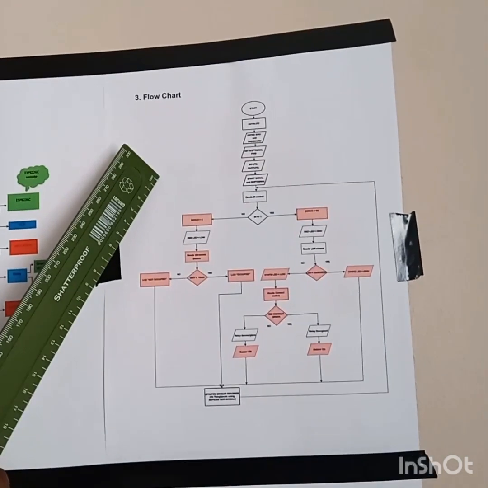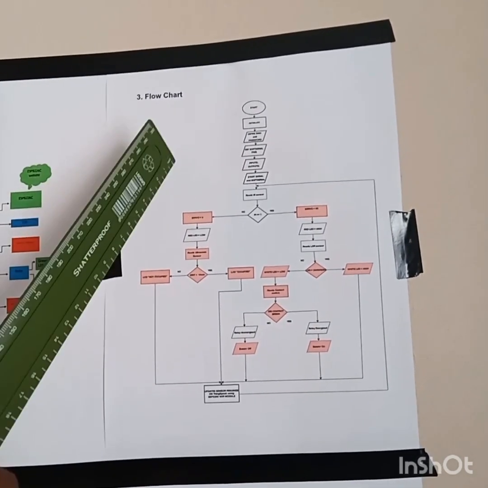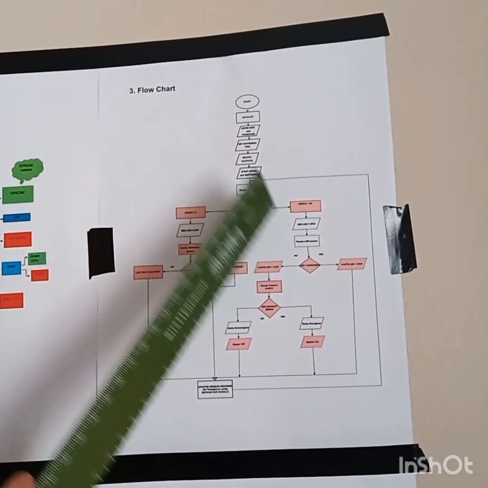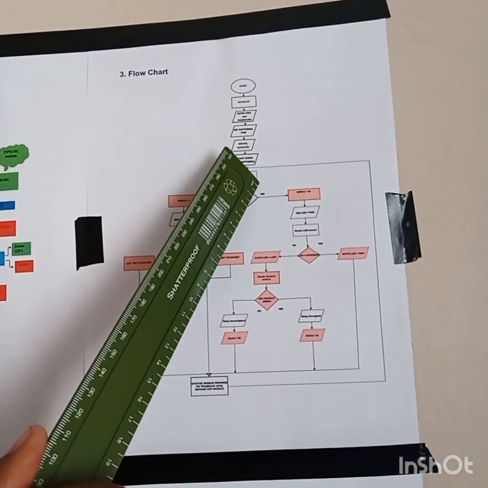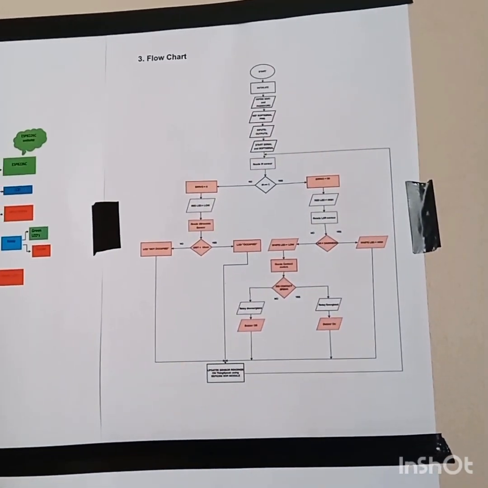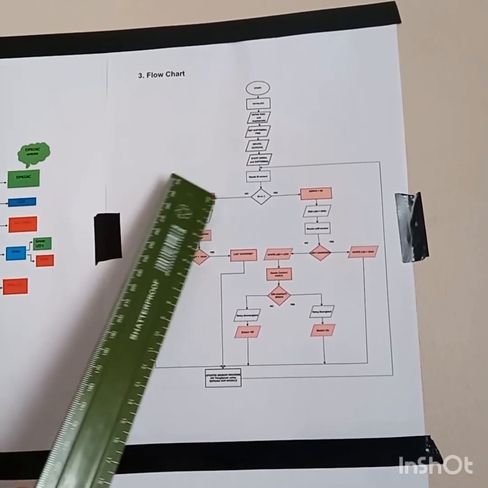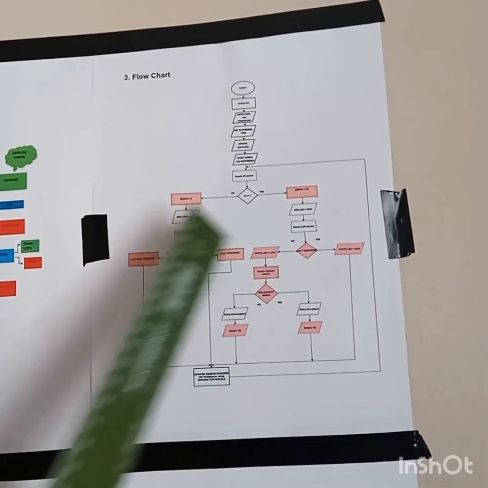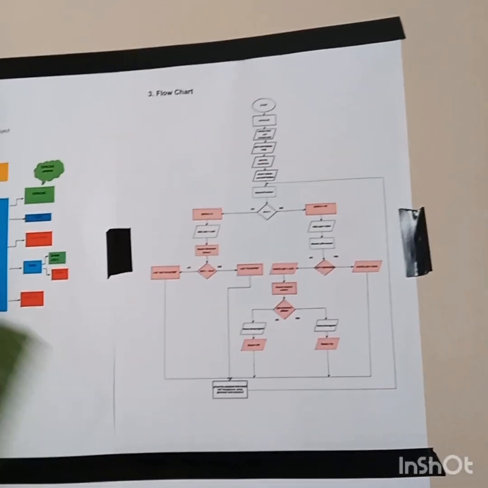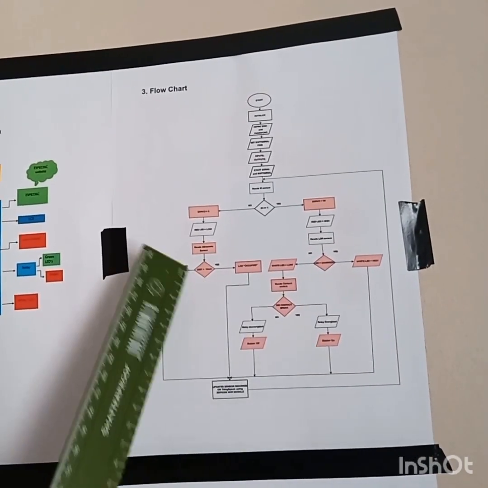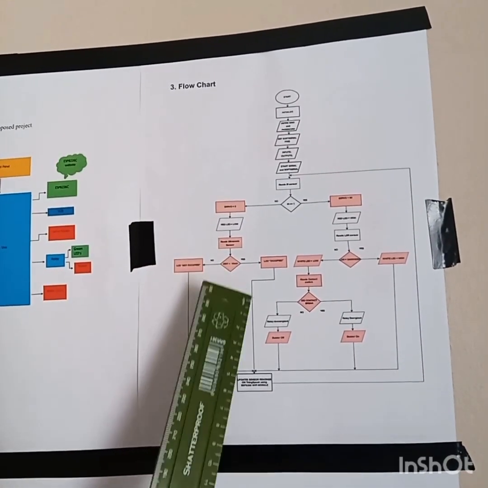This one is my flow chart. When a person with disability gets close to the toilet door, the IR sensor will detect the motion, and the servo motor will show whether it says yes or no, and the LCD will display occupied, and the red LED will be activated.